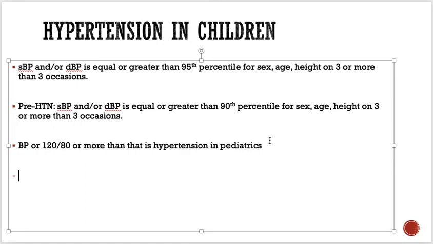For the systolic blood pressure, it is age multiplied by 2, plus 90. And for diastolic blood pressure, it is 2 by 3 multiplied by the systolic blood pressure. So this is one way to calculate the diastolic as well as systolic blood pressure in children.